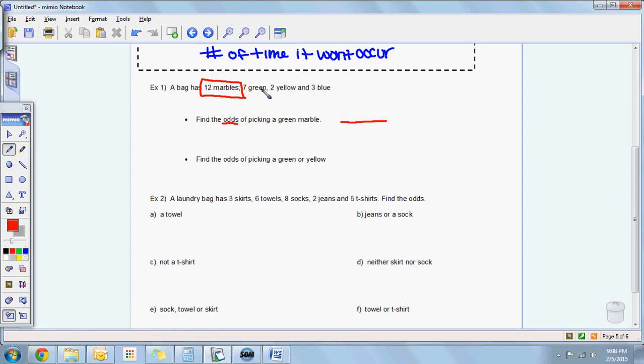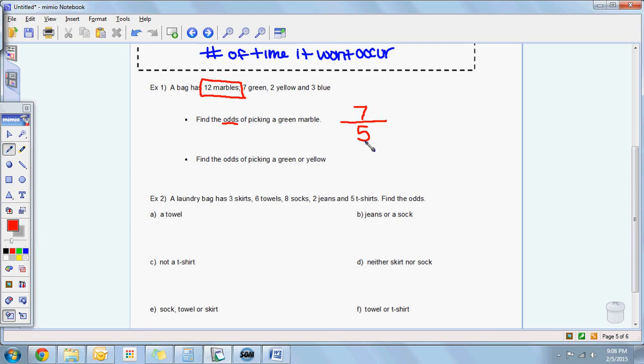We have 7 green marbles, so that's going to go on top. If we were doing probability, we'd do the total on the bottom, but we're doing odds. So you're going to have the number of times that you wouldn't pick a green marble. We have 2 and 3, so we have 5 left over.